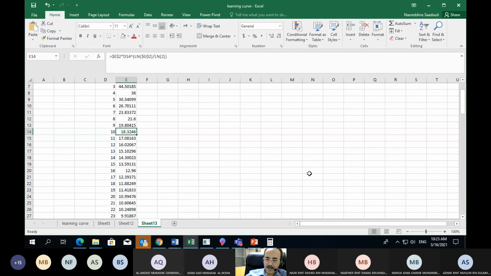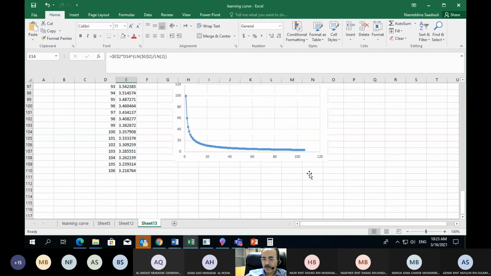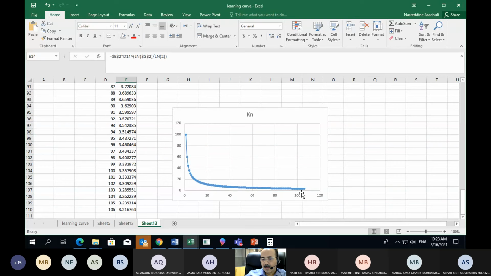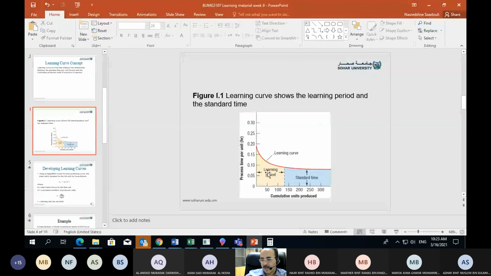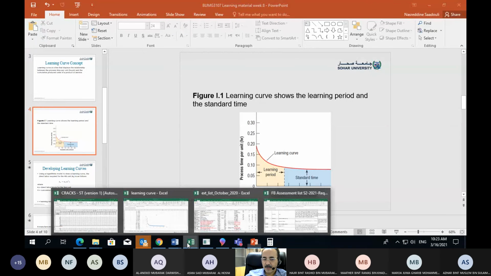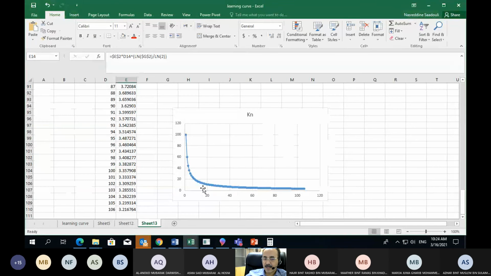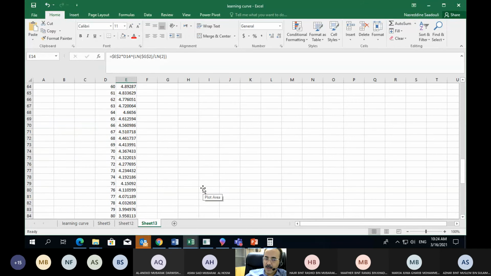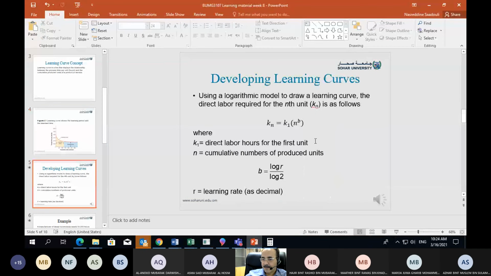That's one observation. So in terms of determining how the curve looks, and from that determining a standard time, or the time where the learning stops, the end of the learning period, and the determination of the standard time. The other thing is that you see the values that we calculated earlier. We are now using this formula.